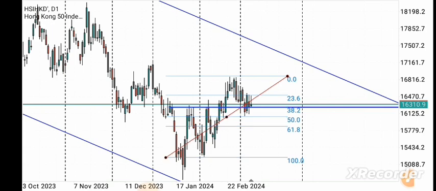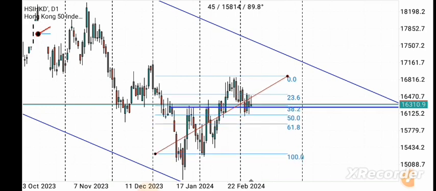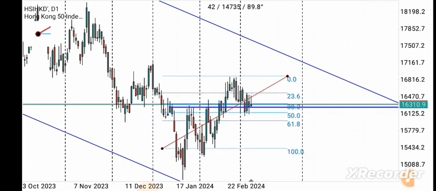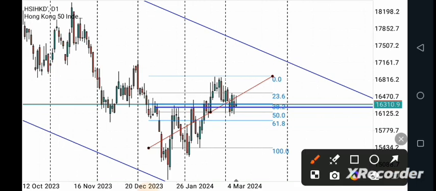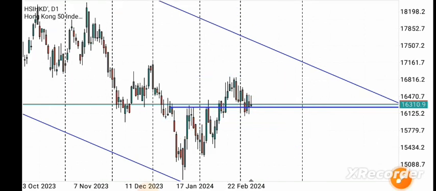In as far as Fibonacci goes, we can see that the neckline more or less aligns with the 38.2% Fibonacci retracement level, which adds further confluence and confirmation in looking for potential buy opportunities.